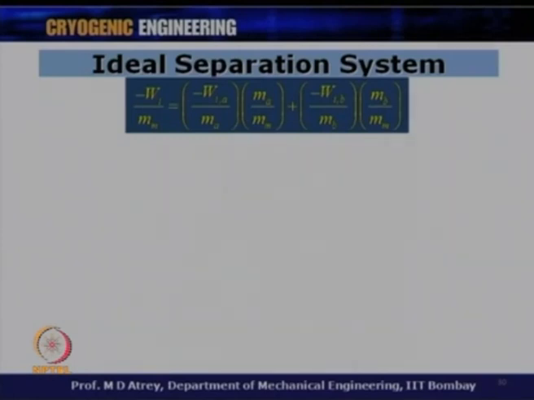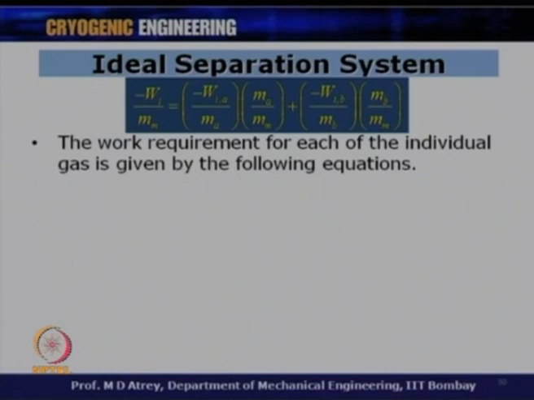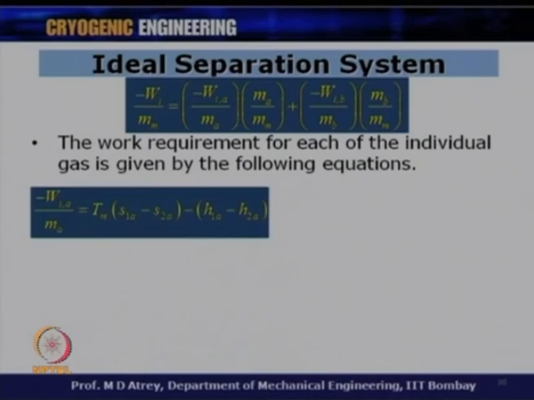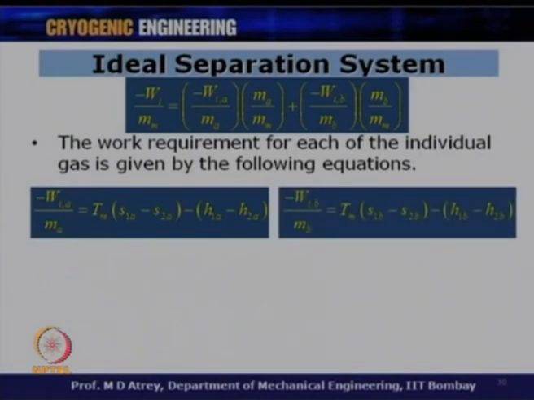Now, I can write an expression for Wi by Ma also. The work requirement for each of the individual gas is given by the following equation. So, Wi upon Ma is equal to Tm into (S1A minus S2A) minus (H1A minus H2A). This is the expression we have just seen of work of separation when I compress the gas from 1A to 2A position for gas A, and similarly I can write the same expression for gas B also.